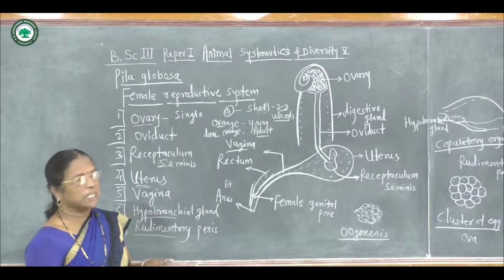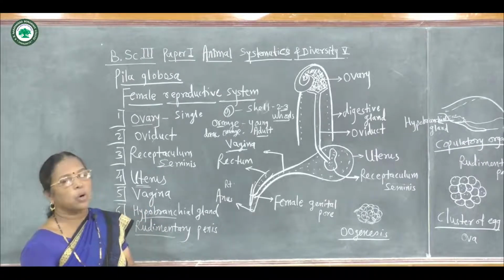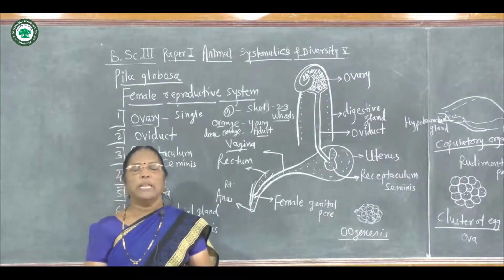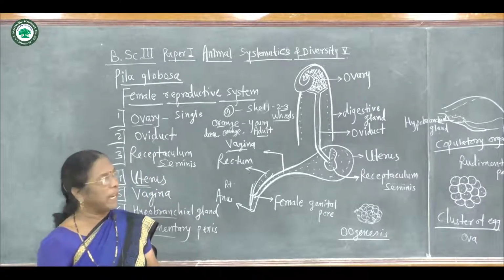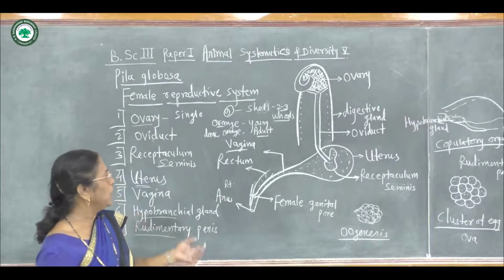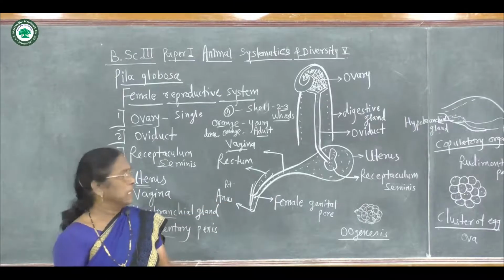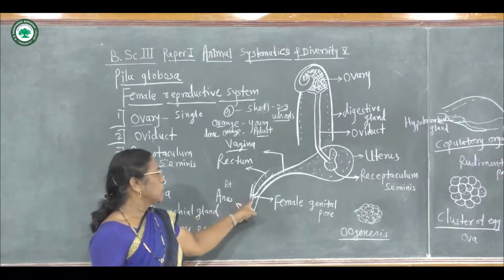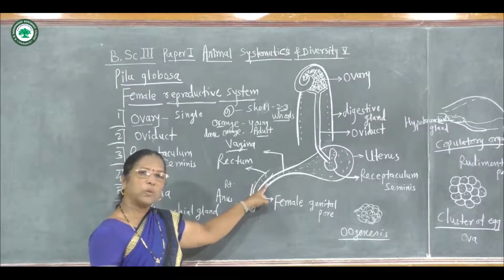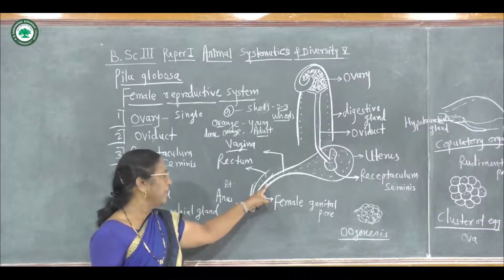The male has a well-developed penis, or copulatory organ, which is inserted into the female genital pore, and there is discharge of sperm or spermatozoa along with the seminal fluid.